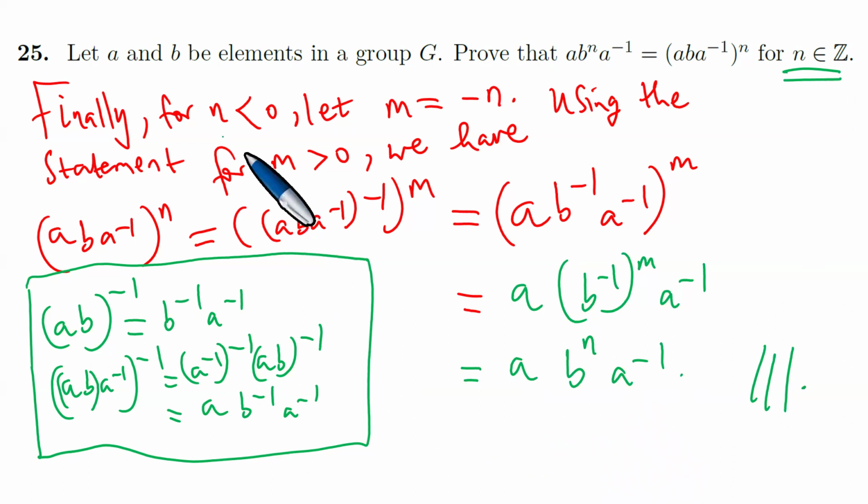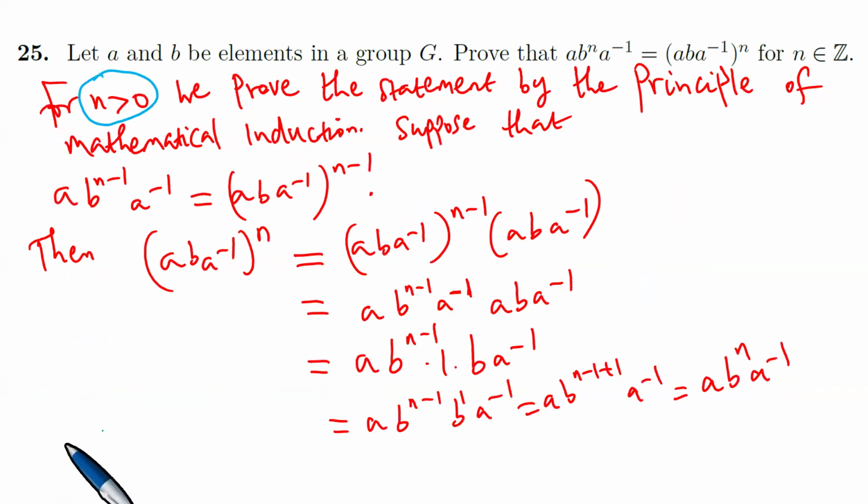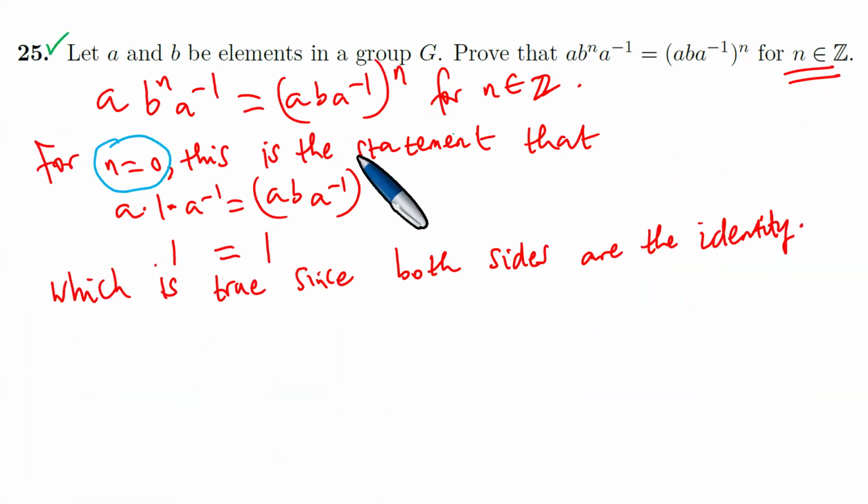Any questions? Okay, look, we have proven this in a series of cases. We have proven this by the PMI, the principle of mathematical induction. We started by looking at the fact that integers are negative, some are positive, but 0 is also an integer.